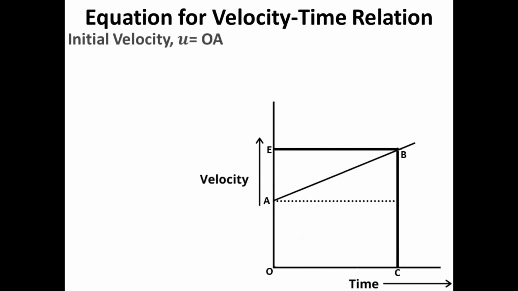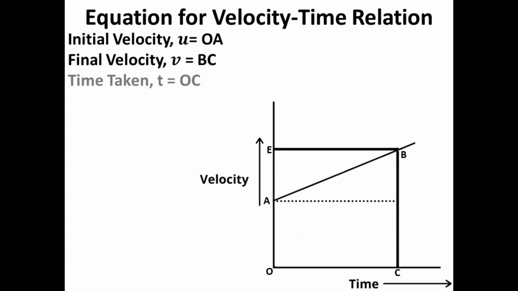So, the initial velocity is represented by OA and final velocity is represented by BC and the time interval is represented by OC. Let us draw AD parallel to OC.